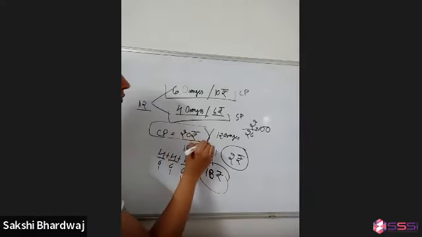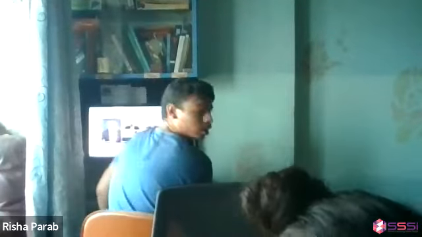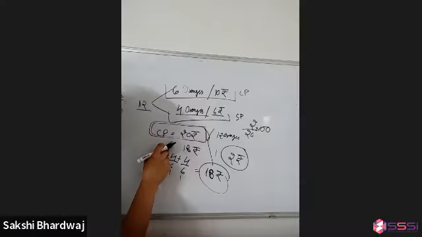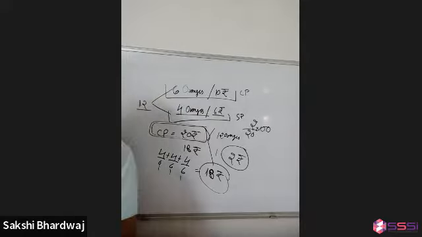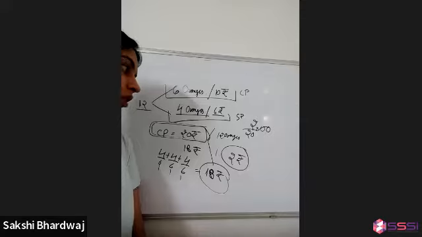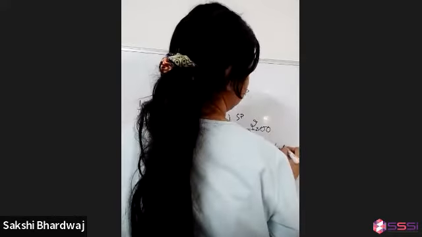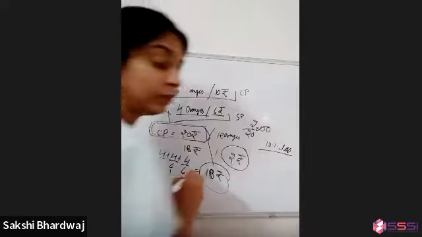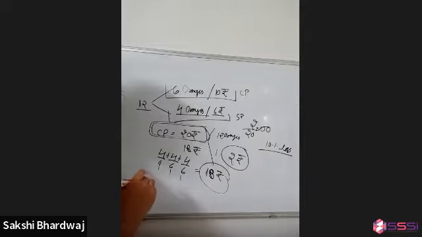That is the cost, CP is 20. So 200 upon 20, which is 10. 10% loss. Wow. Should I explain again? No, I got it now.